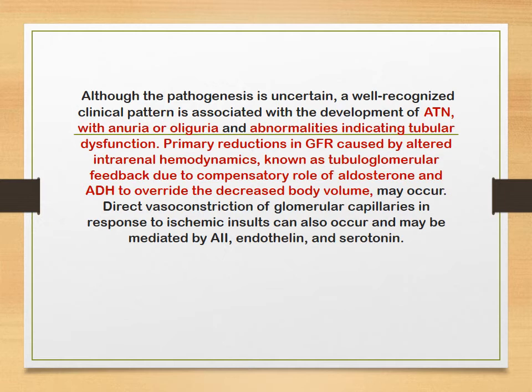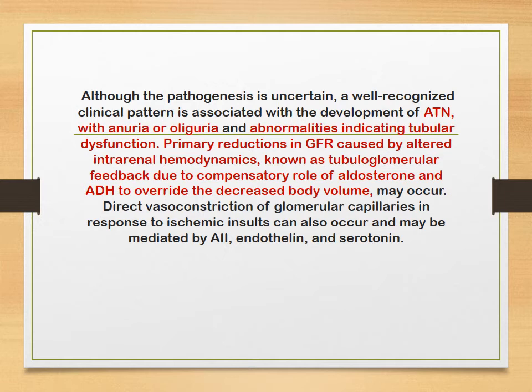There is a primary reduction of GFR that is usually caused by altered intrarenal hemodynamics as a compensatory mechanism that involves secretion of aldosterone and antidiuretic hormone. Why? To retain water in order to override the decrease of body volume.